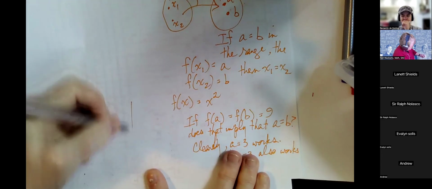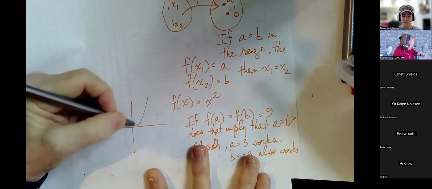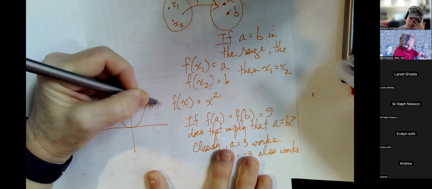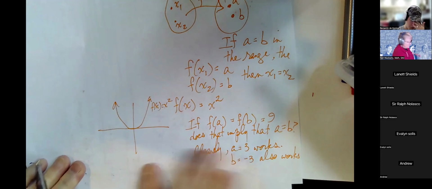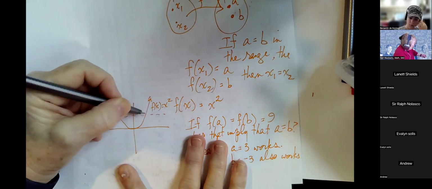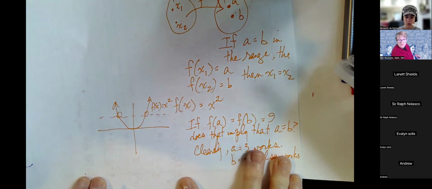And we can see this visually using the horizontal line test. So here's x squared. And you can see that you can draw a horizontal line and cut that more than once.